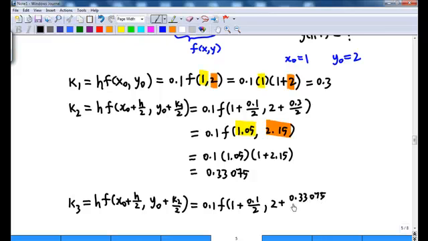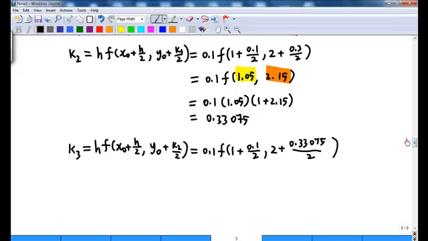which is equal to 0.1 times f of 1 plus 0.1 over 2, 2 plus 0.33075 over 2. That means this is 0.1 times f of 1.05 and 2.165375. So putting this in the formula for a function, x is 1.05, y is 2.165375.